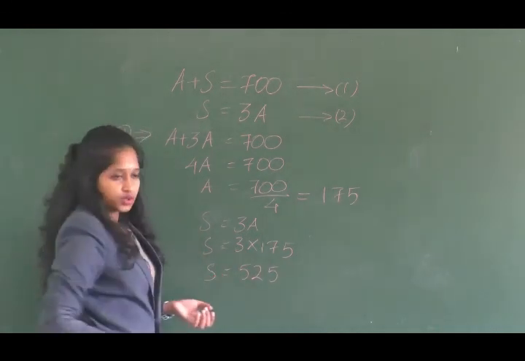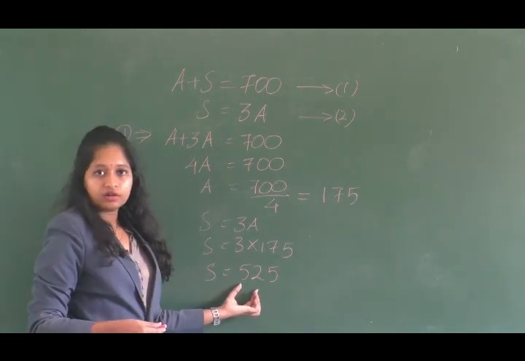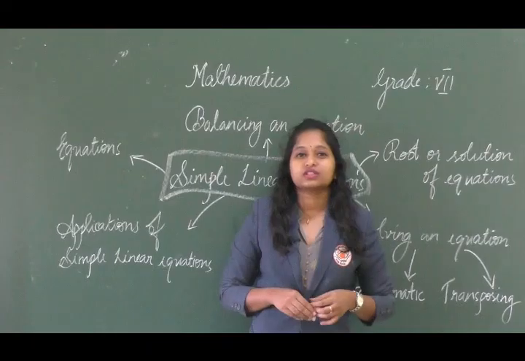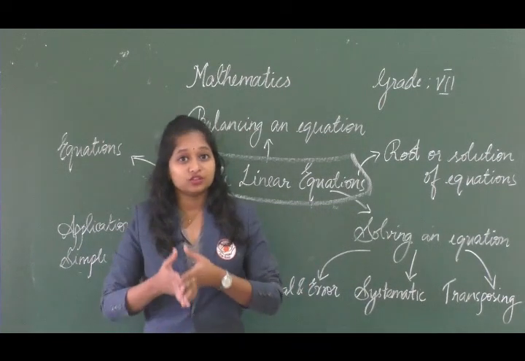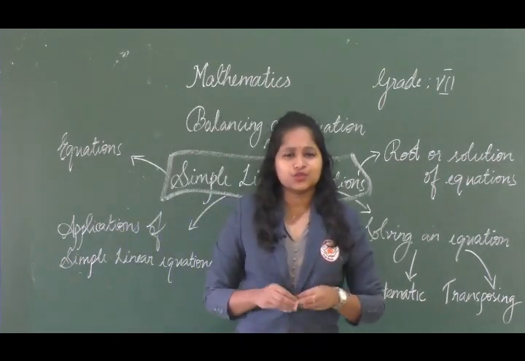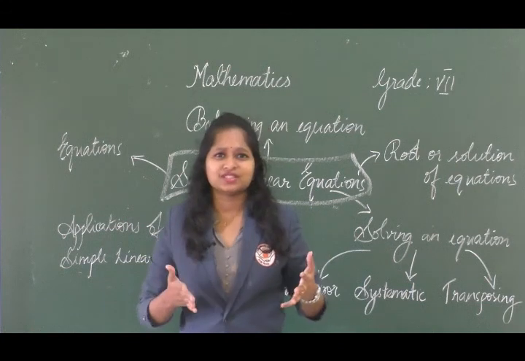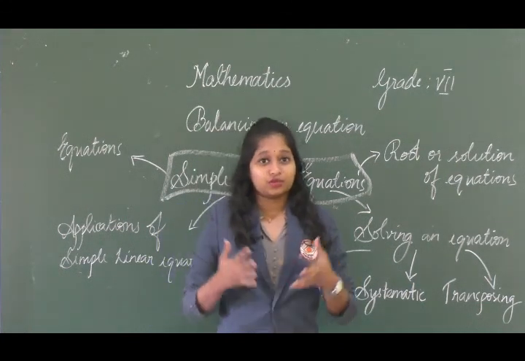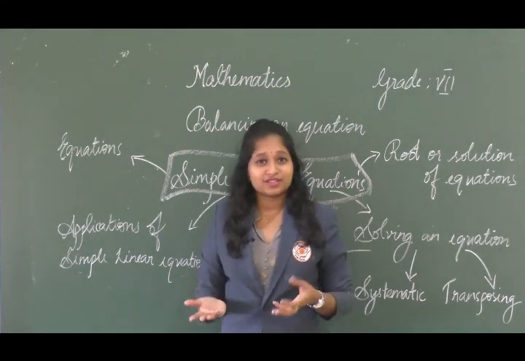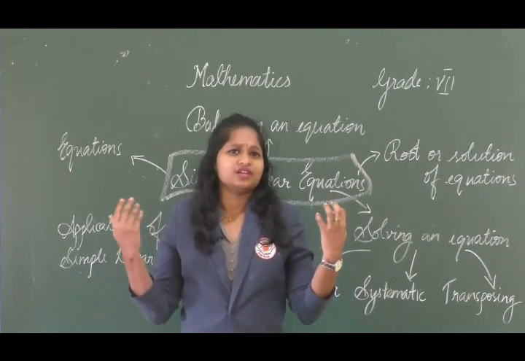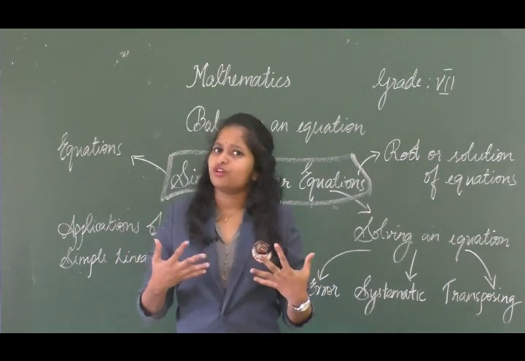So the amount with Suresh is 525. So children, find some unknown values related to day-to-day life. You have learned simple linear equations, so you can easily find unknowns which are related to your life.